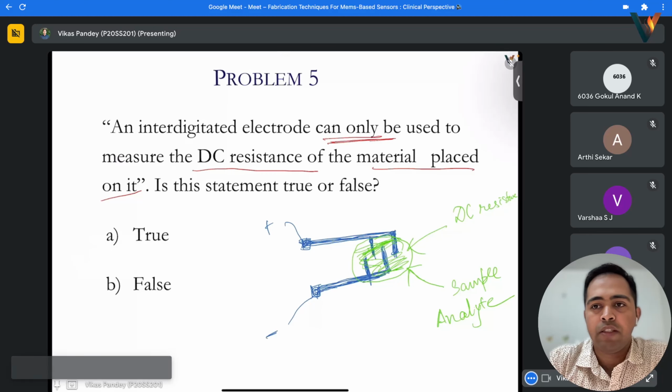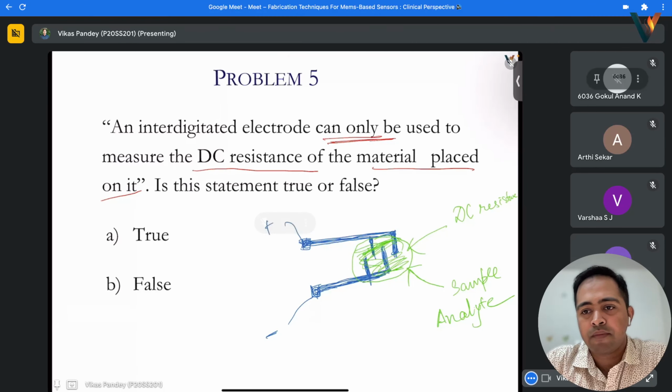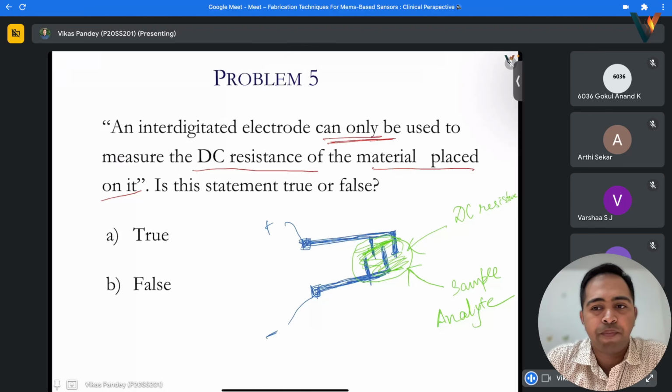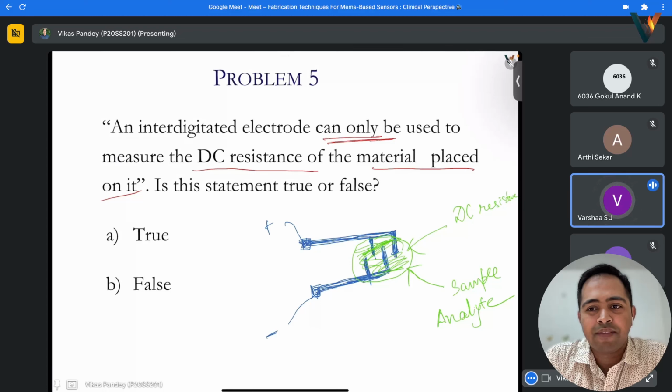Yes, please speak up. Varsa, what do you think? Okay, since you are from electronics background, right? You are in EC second year, right?